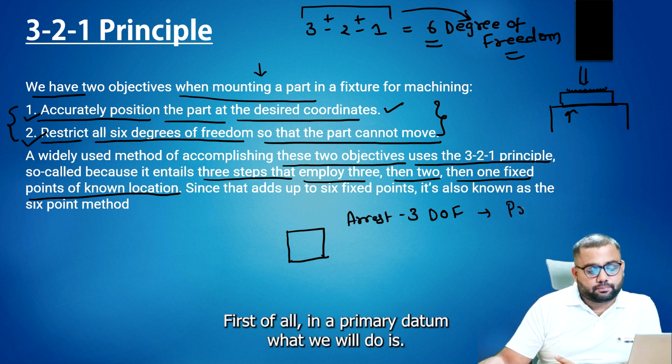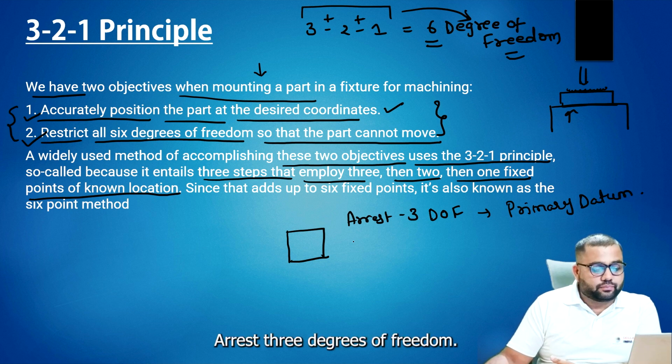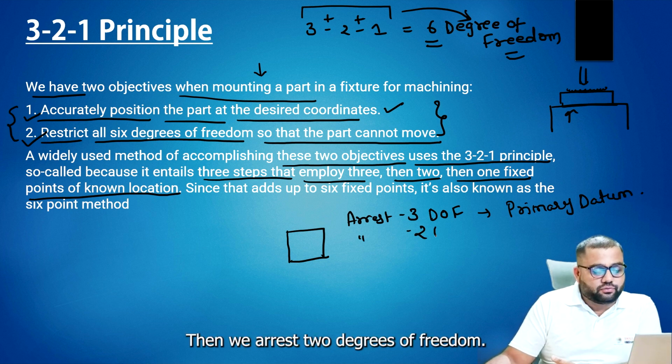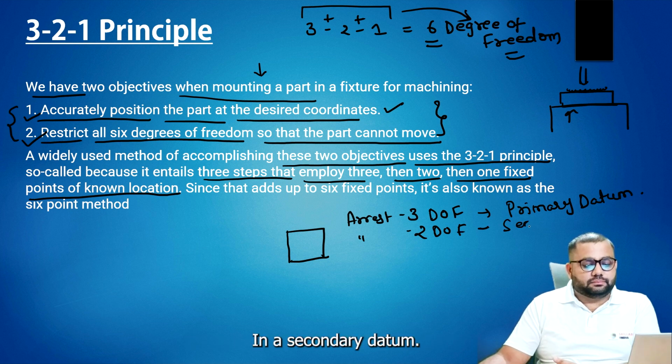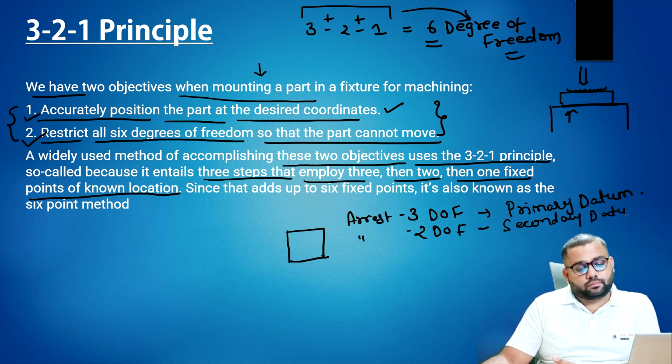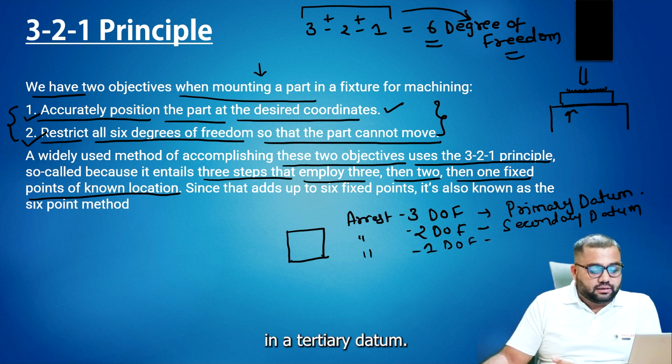In the primary datum, we arrest 3 degrees of freedom. Then we arrest 2 degrees of freedom in a secondary datum. And then we arrest 1 degree of freedom in a tertiary datum.